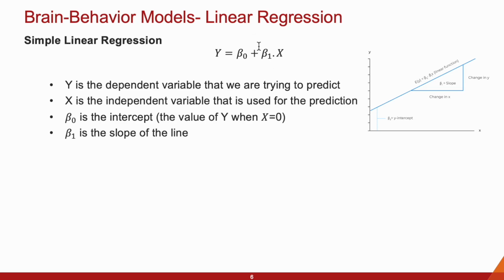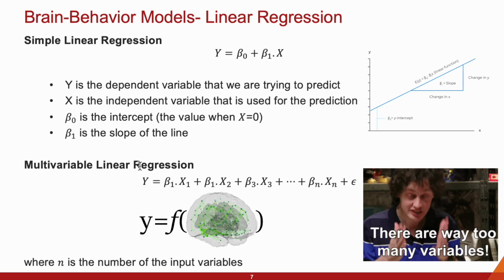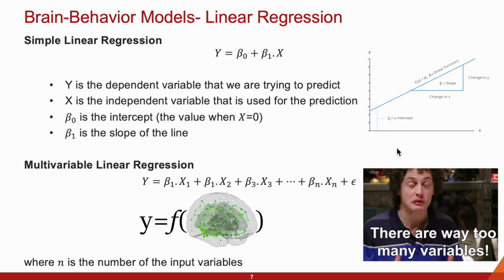And beta 1 is representing the slope of the line, as you can see here. And slope is the association between x and y. And it is representing how much y is changing when we increase x 1 unit. For example, how much cognition is changing when we increase age 1 year. However, in the case of neuroimaging data, we have too many variables that we need to handle and we need to combine to better understand cognition.